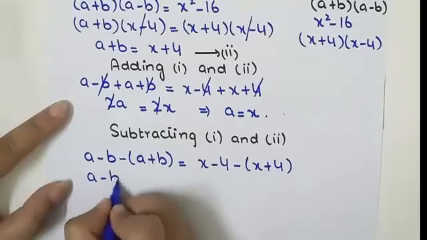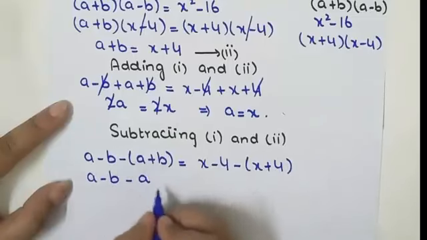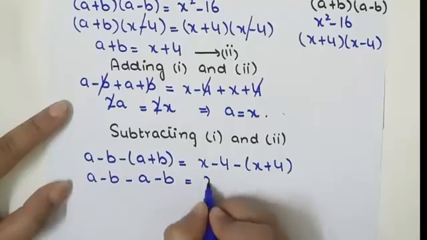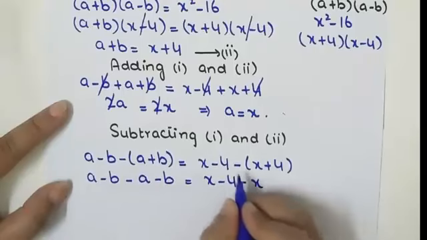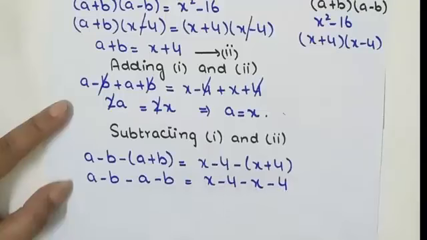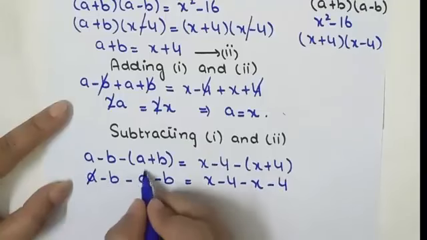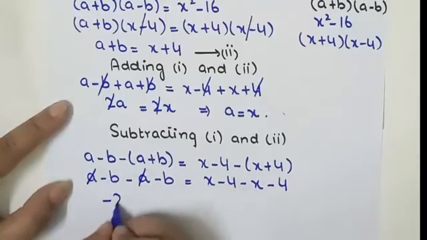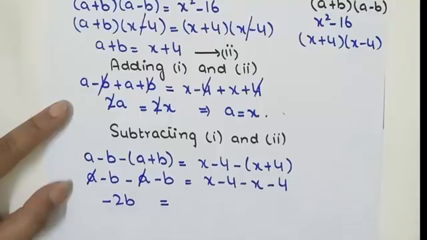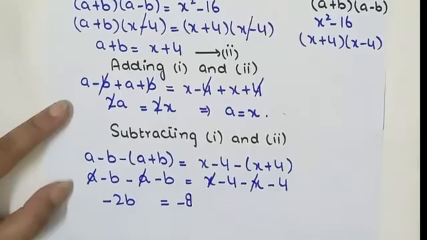So a minus b minus a, minus plus is minus. Similarly, minus x, and minus plus is minus. So a and minus a cancel out, and we have minus 2b. Similarly, x and minus x cancel out, and we have minus 4 minus 4, which is minus 8. So minus and minus cancel out.